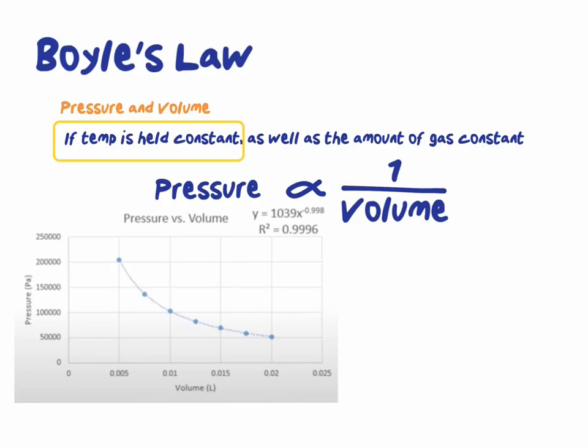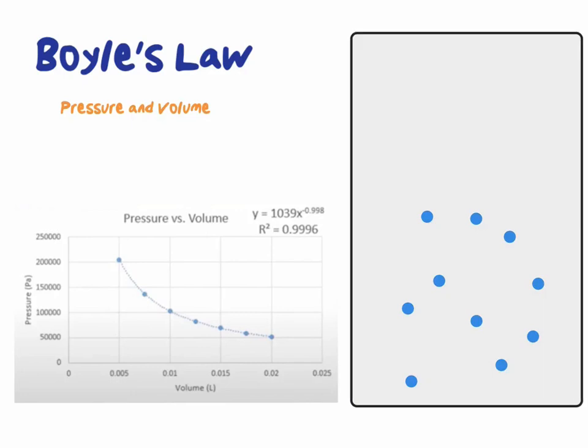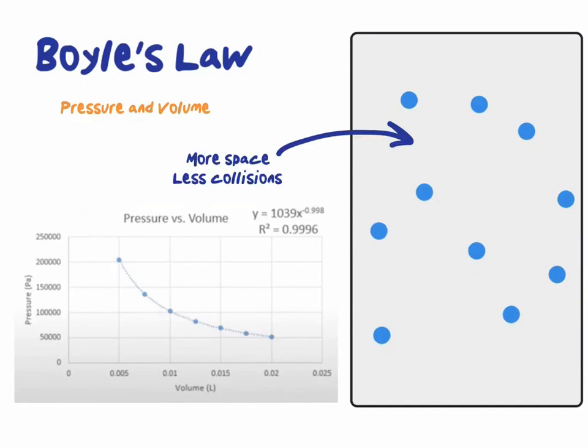Now, the way that this data is obtained and the way that you can think of it is that you have to remember that a gas fills the volume of the container that it's in. So if I expand the volume of the container, we see that the pressure drops. Now, this relationship makes sense, I think, because if there's more space with the same number of particles and they're moving at the same average kinetic energy each, they will collide with the walls less often, therefore having less pressure.